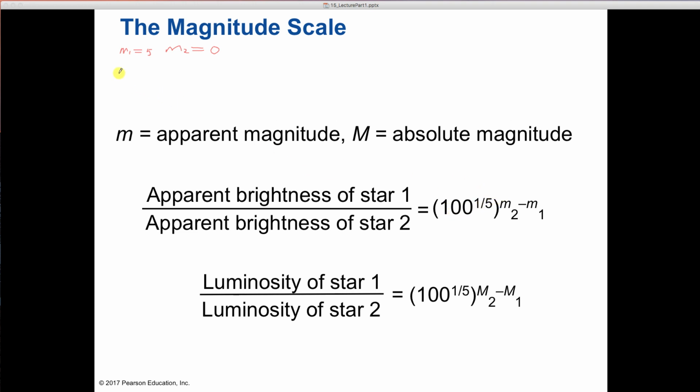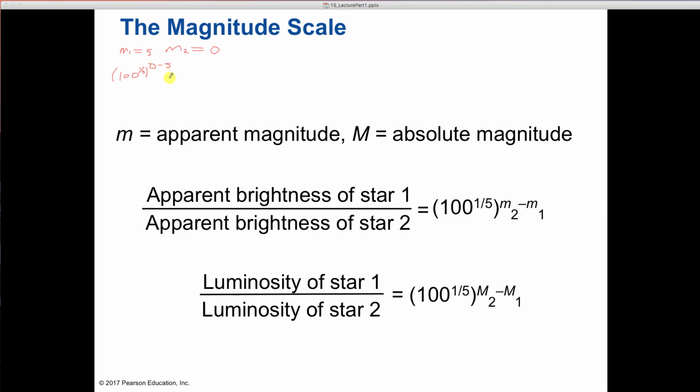So in this example, when I look at that, I've got 100 to the 1/5 power, so 1 over 5, kind of a small 5. So 100 to the 1/5 power. And then I'm going to raise it to the m2 minus m1 power, so 0 minus 5.